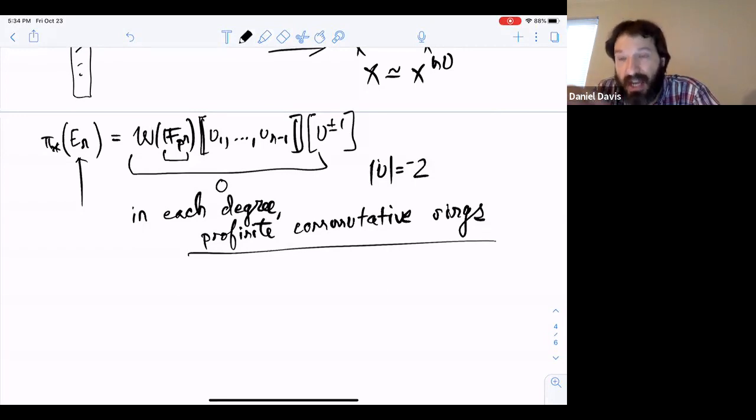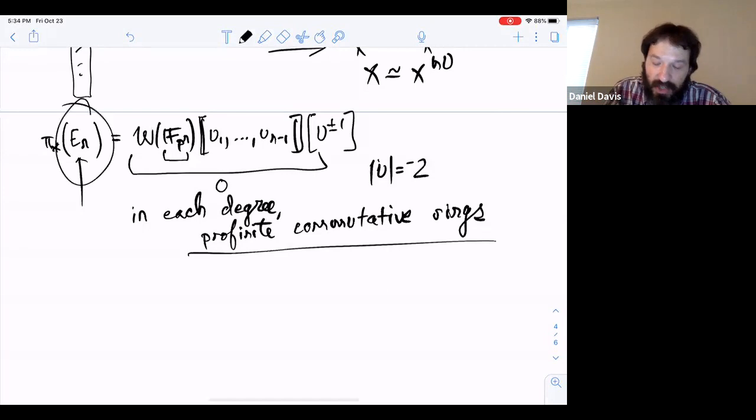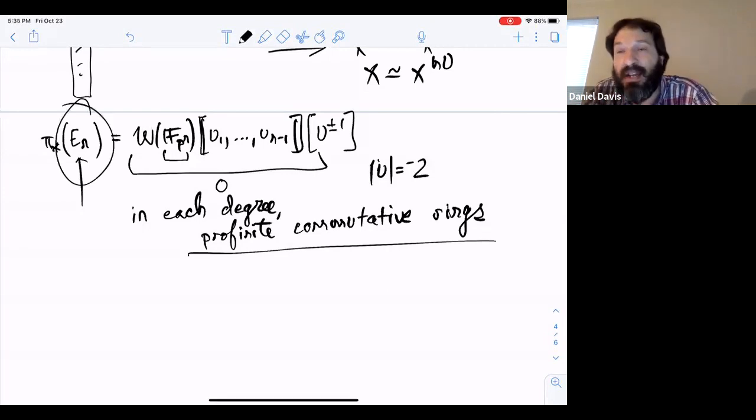And in this setting, especially when you're talking about the spectrum E_n, you're often interested in continuous cohomology groups where the coefficients are profinite. So then you would have inverse limits of the kinds of continuous cohomology groups that I was talking about in my talk.